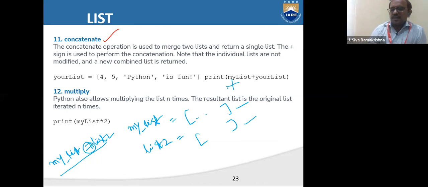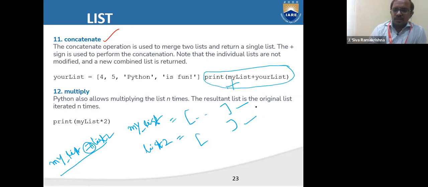Understand? Again, another objective question. They may ask you to perform concatenation, and then ask what is the status of my list. It will remain the same. So this is a new operation that results in a new list.